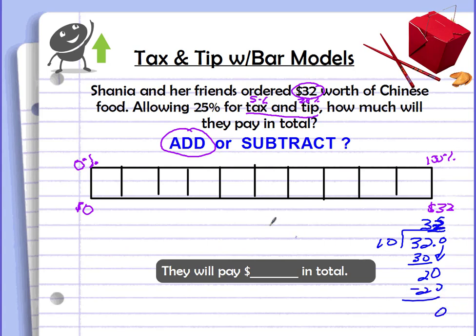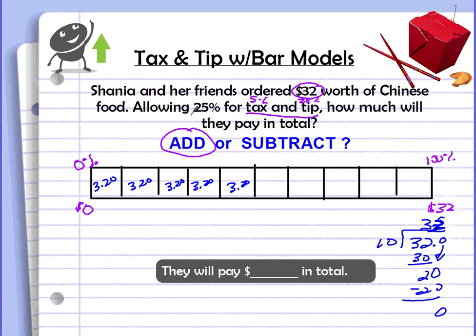Now we have the 0 remainder. So in each tile, we're going to get, because this is money, $3.20. $3.20. $3.20, and so on.